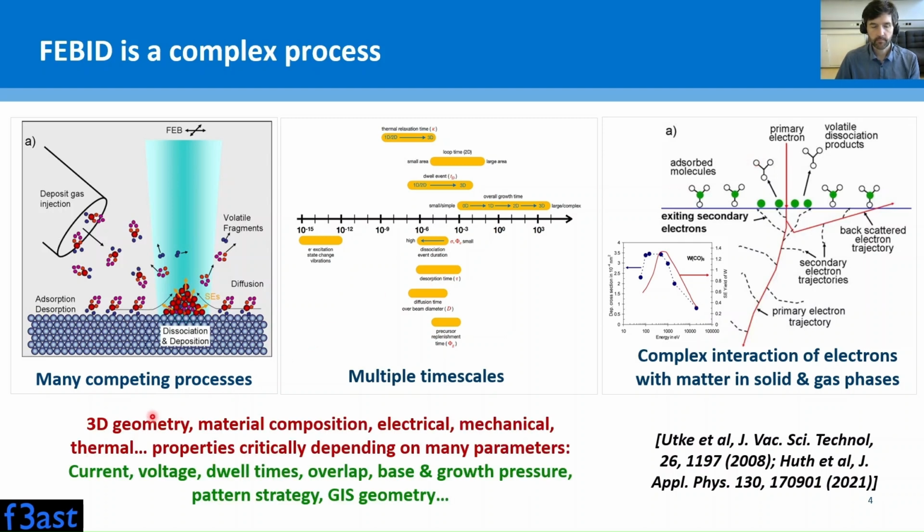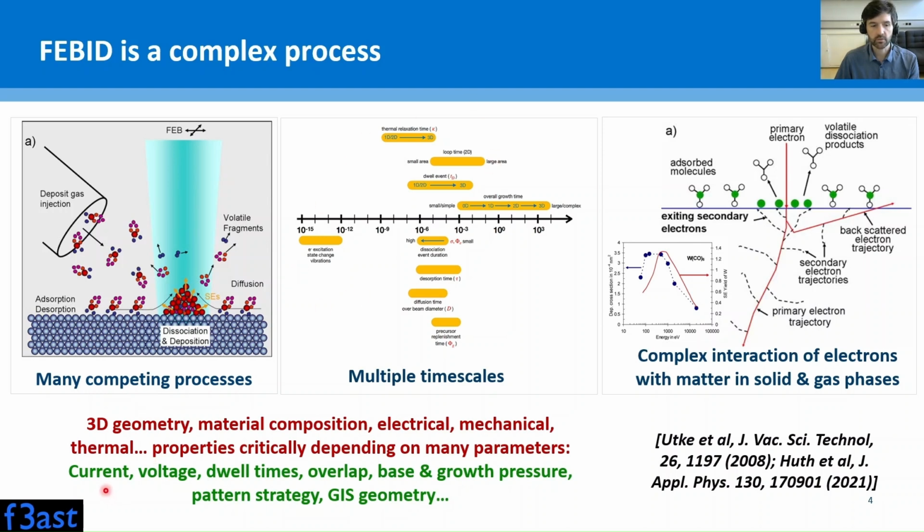Many important properties of the FEBID deposit depend on these parameters. So the 3D geometry, the material composition, the electrical, mechanical, and thermal properties, etc., critically depend on parameters that, of course, we cannot control.